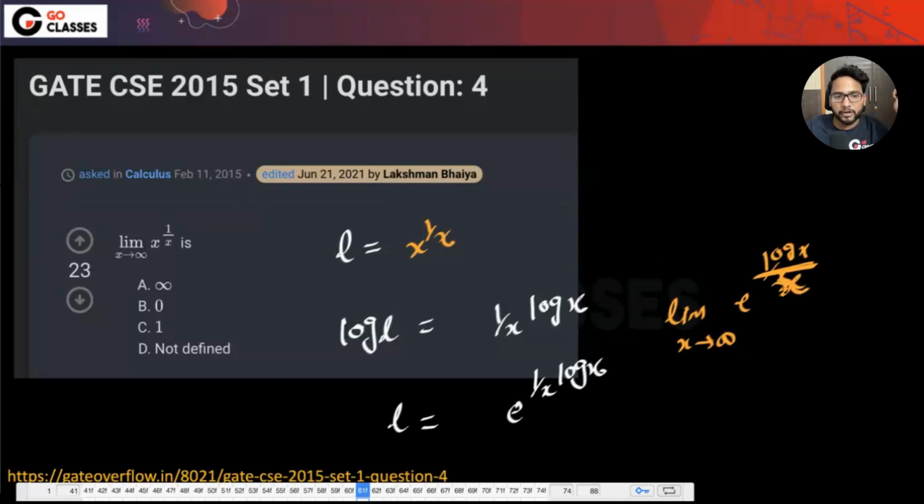Then this is infinity upon infinity form. Since this is infinity upon infinity form, you can say this is 1 upon x, right? And then you put infinity, then final answer should be 1. Is this okay to everyone?